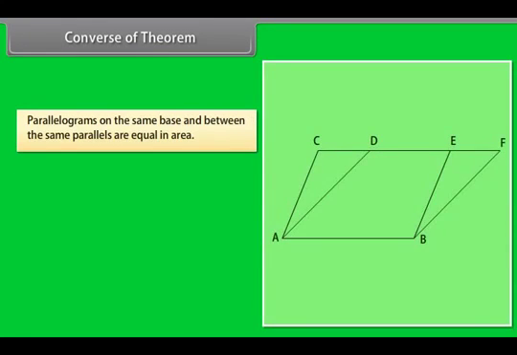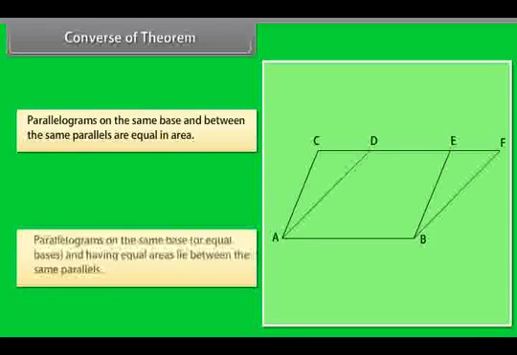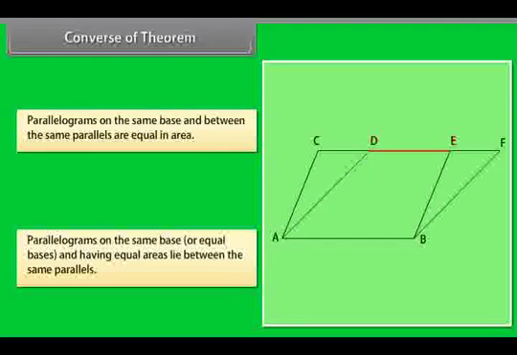So we have proved that the parallelograms on the same base and between the same parallels are equal in area. The converse of this theorem is also true, which says that parallelograms on the same base or equal bases and having equal area are between the same parallels. Example. Let's prove an example now.